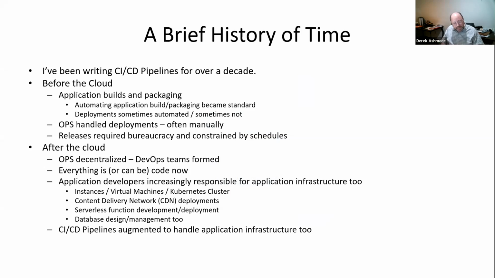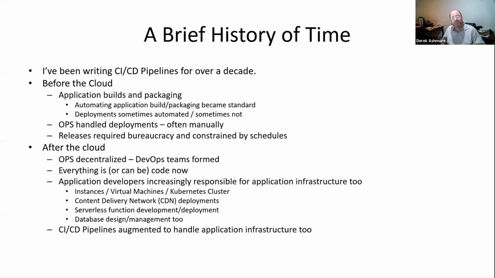In the old days, and I'm old enough to remember those, you guys might not, ops typically handled deployments, and more often than not, it's bad practice, but they were doing it manually. And releases were really replete with bureaucracy and constrained by schedules. After the cloud got adopted, ops in many organizations got decentralized and DevOps teams formed.